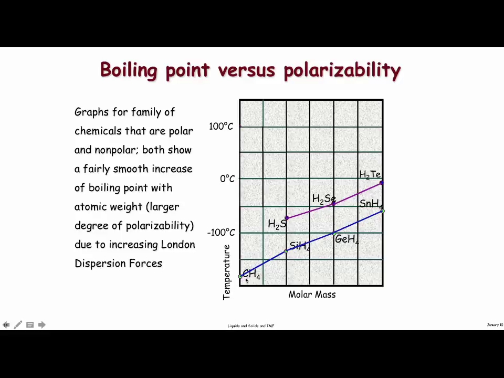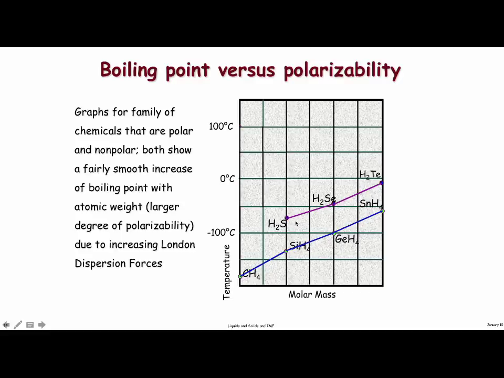It makes sense that the boiling point goes up, because tin tetrahydride is a bigger chemical, therefore has stronger London dispersion force than germanium tetrahydride, which has a higher boiling point than silicon tetrahydride, which has a higher boiling point than methane, CH4.